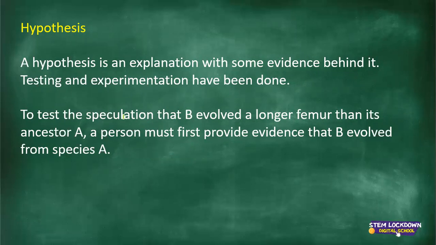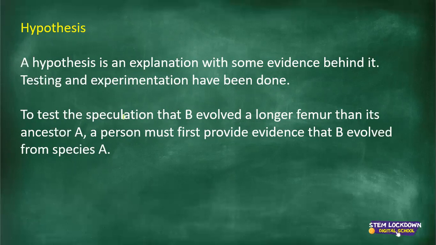And then now you can clearly say, yes, this is a hypothesis because there's testing and experimentation that have been done. When you do an assignment or an experiment and you provide a hypothesis, the other steps there would need you to show various steps of how you are conducting this experiment to prove or test your hypothesis. After you've tested your hypothesis, you can either accept it or reject it still.